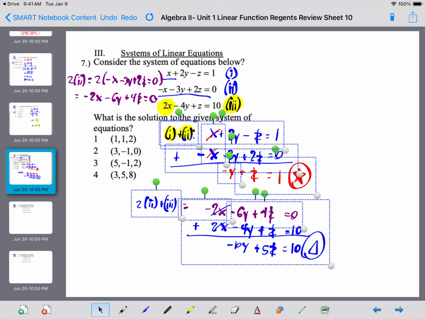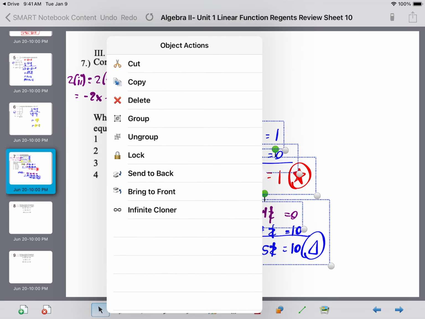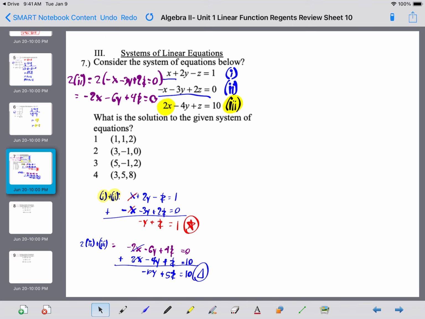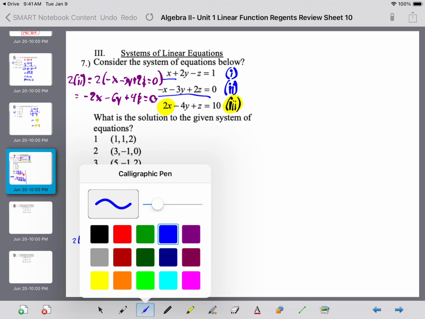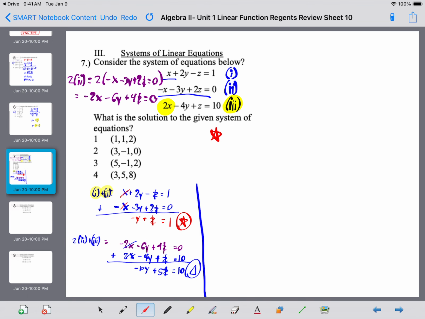So now we have a 2 by 2 system. And if you want to see the 2 by 2 system, we could rewrite those two equations. Okay?